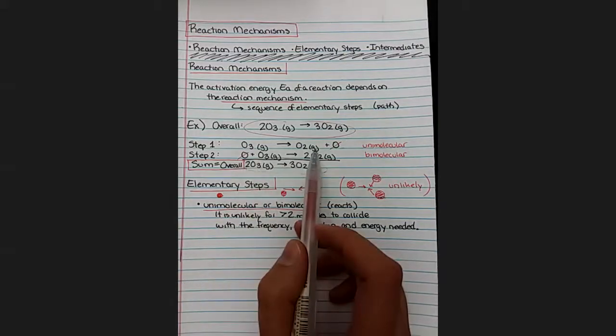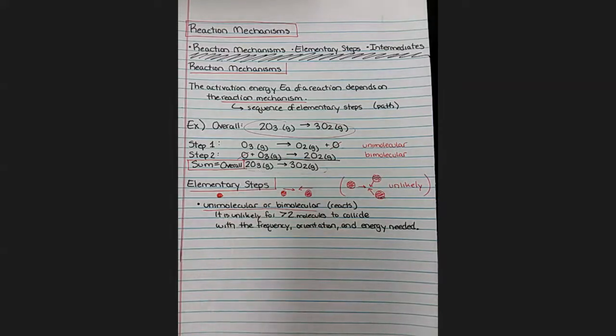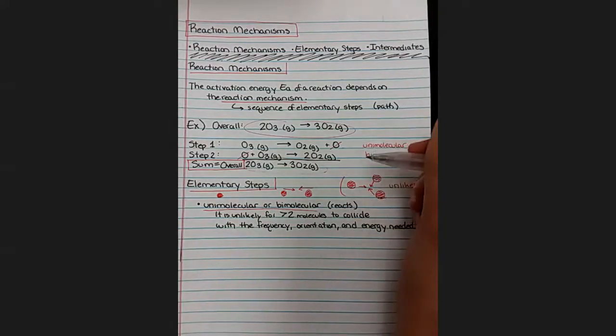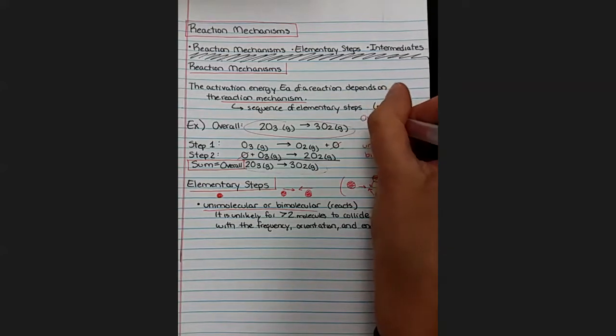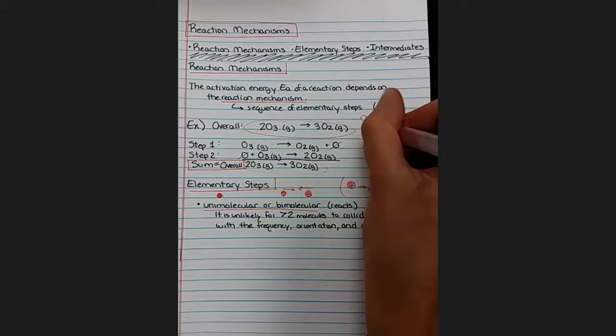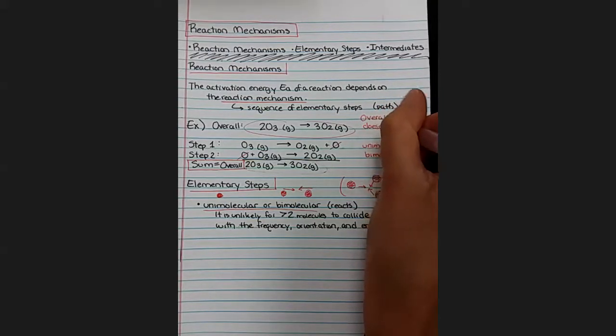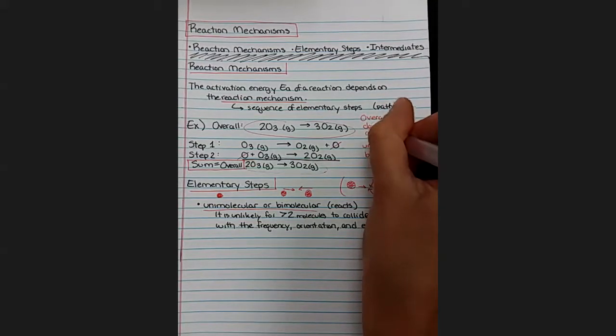One of them breaks down into smaller components, and the smaller component runs into the other ozone molecule. So there's a lot of information from these steps that we aren't given in the overall reaction. And that's why it's important to look at these. The overall reaction doesn't tell us about the path.